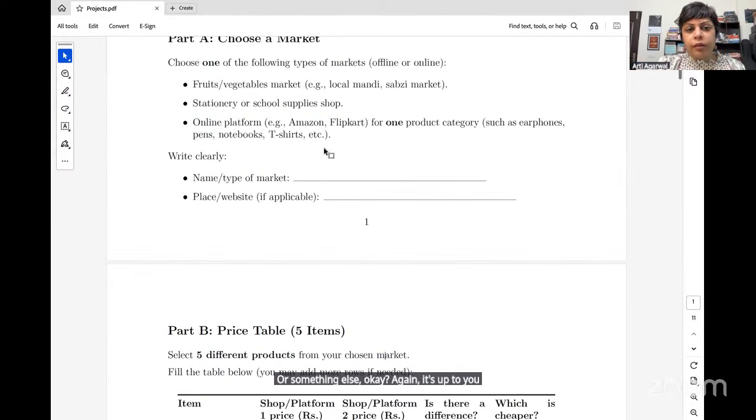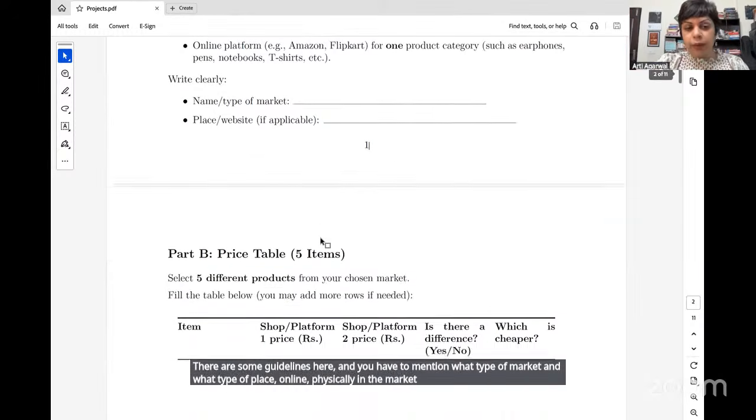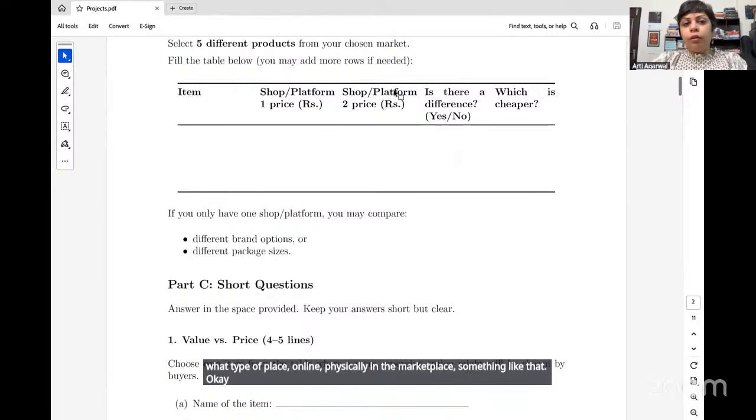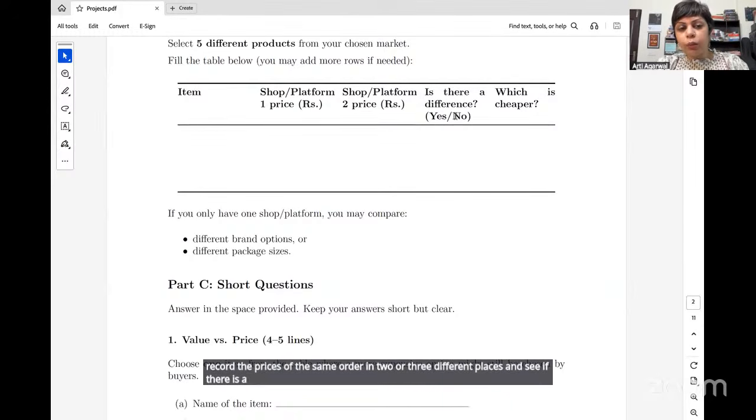There are some guidelines here, and you have to mention what type of market and what type of place, online, physically, in the marketplace, something like that. So you have to record the prices of the same good in 2, 3 different places and see if there is a difference in the prices and which is cheaper.